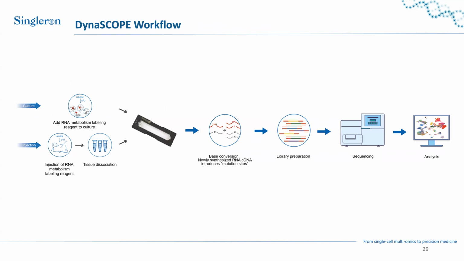We commonly recommend injection for studies with small animals, because then you would really look at it in their natural environment. But if you have studies with large animals or with, for example, cell lines, then of course you will go for the cell culture version.